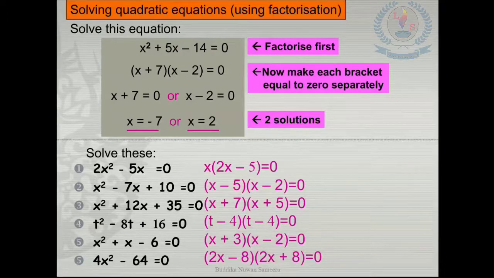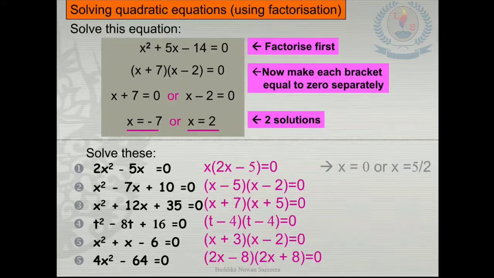Now it's very easy to find the answers because we need to equal each factor separately to 0. First one, you can equal x to 0 and 2x minus 5 to 0. So the two answers are x equals 0 and x equal 5 over 2.